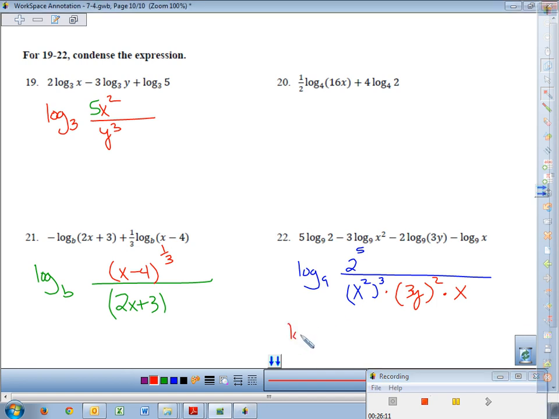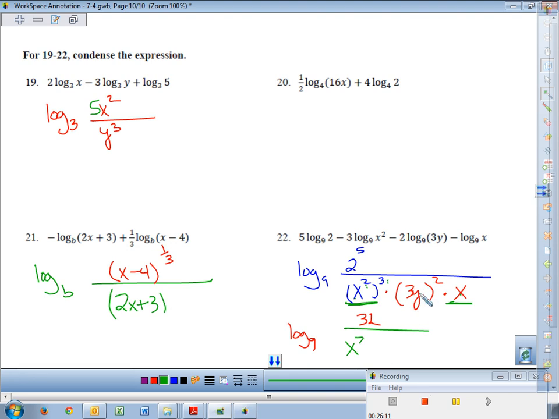Are you cool with where everything is located, upstairs, downstairs, and the exponents that they are raised to, right? So I'm going to just start over. Instead of erasing, everything needs to be fixed. Log base 9. 2 to the 5th, how much? 32. X to the second to the third is really how much? X to the 6th times another x. Aren't these all base x right here? Like so, x to the 6th times x, how much?